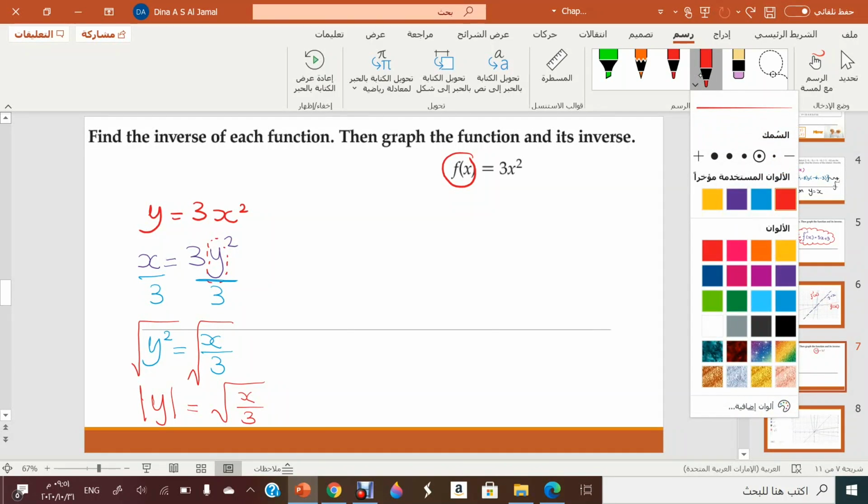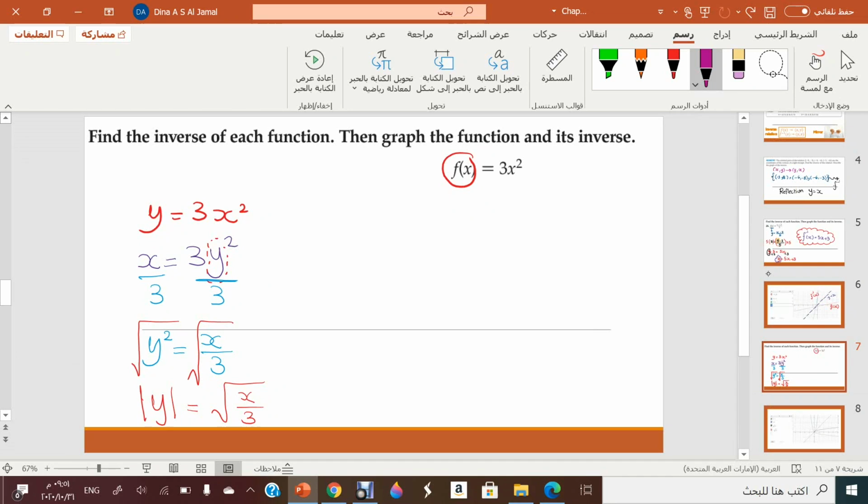Now, since it is an absolute value, that means you have two cases. One of them positive, the other one negative.